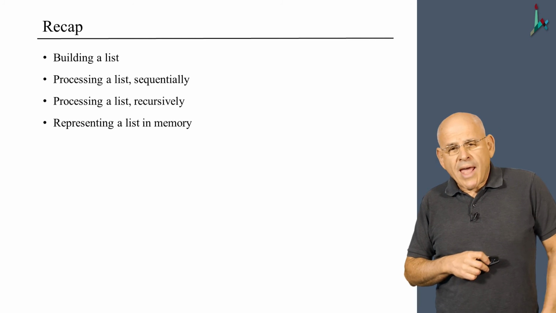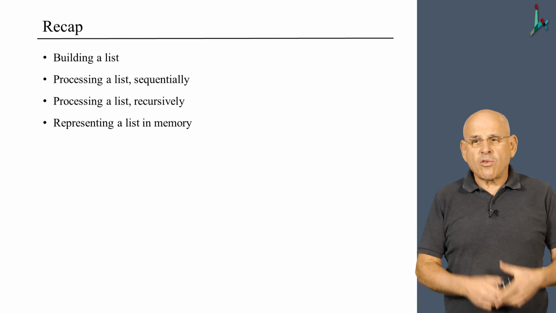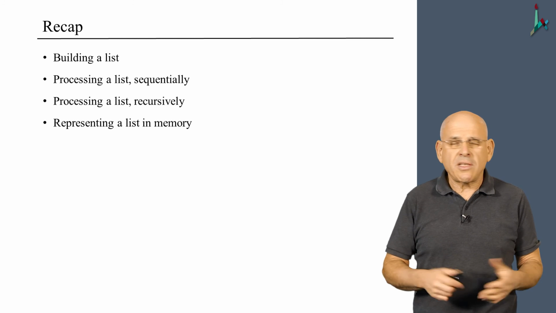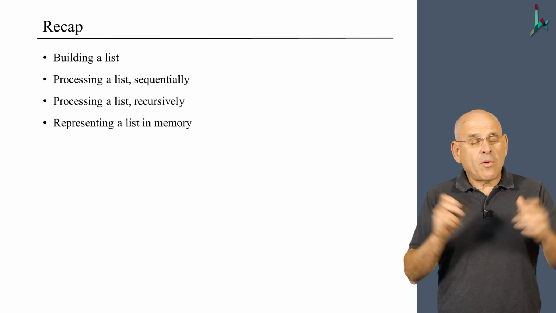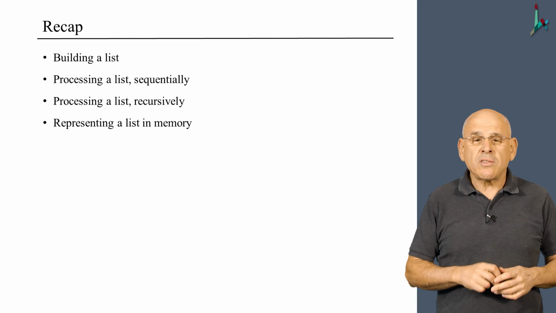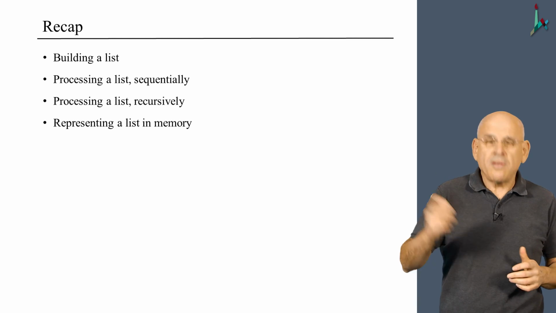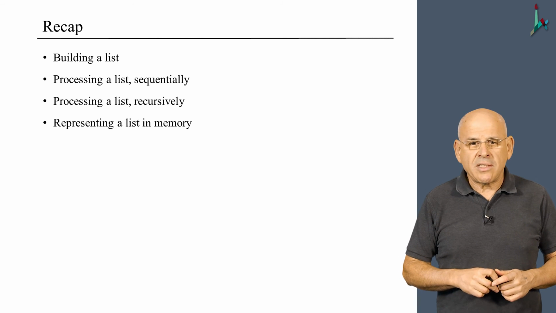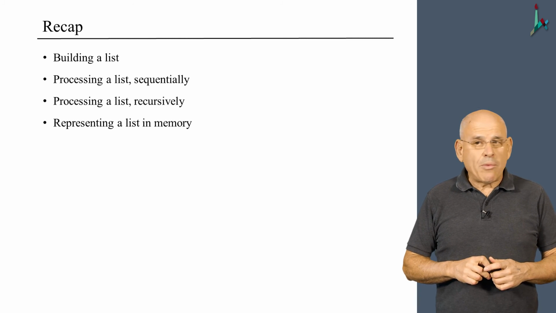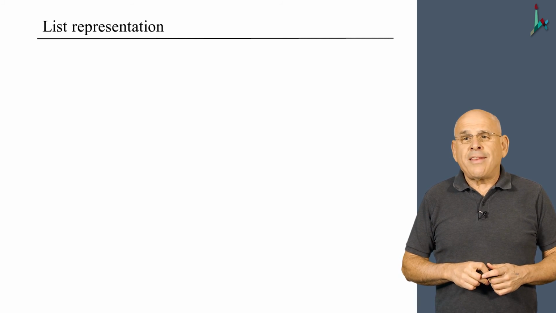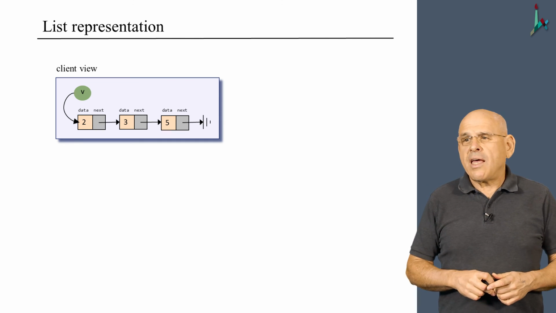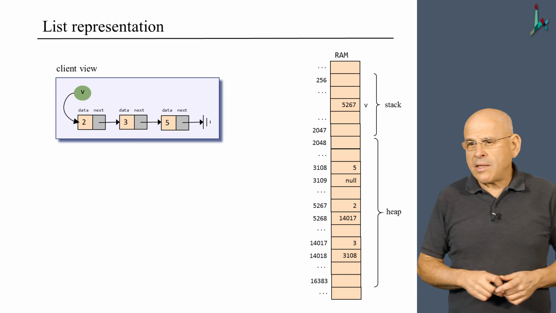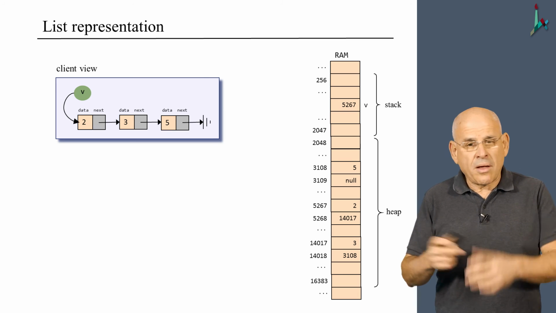All right, so to recap, we showed how to build a list, how to process it sequentially, how to process it recursively. And the last thing that I want to say, which is very important in this course, is to once again open the hood and see how this list is stored in memory. The client view, or the high-level view of the list, is this, and yet within the memory it is stored using this example here.